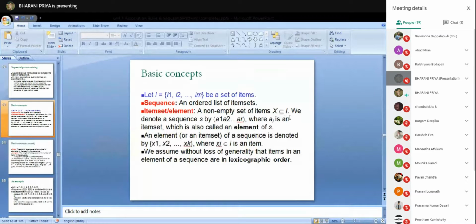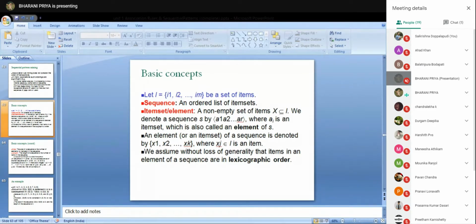And we denote this sequence as S, where each element in S is an item set, which is called an element. I'll show you with the examples again. So one thing, a sequence consists of item sets.